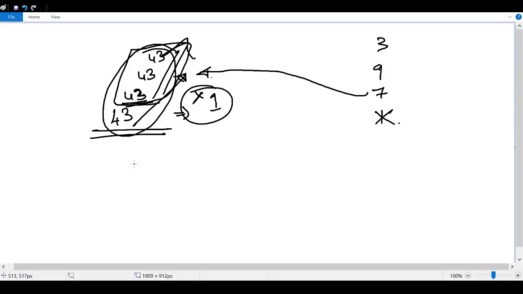Okay, all those who got 7, can you answer this please? What is the unit digit of this? Can you tell me what is the unit digit of this?